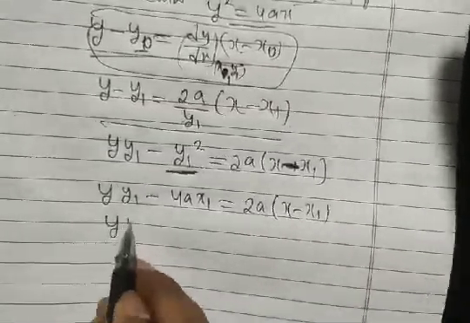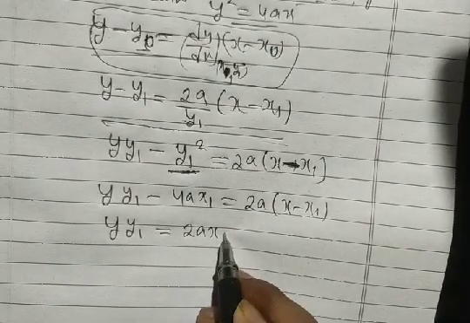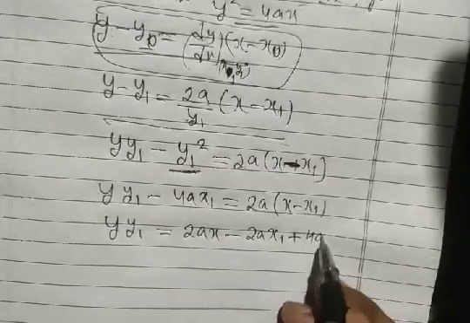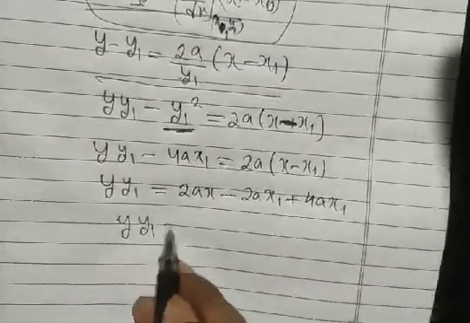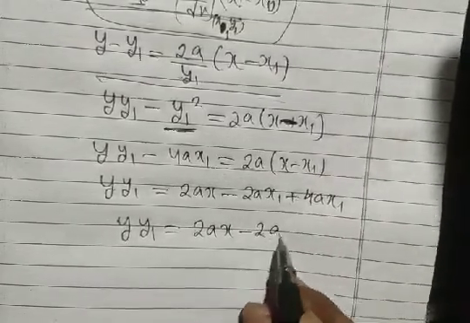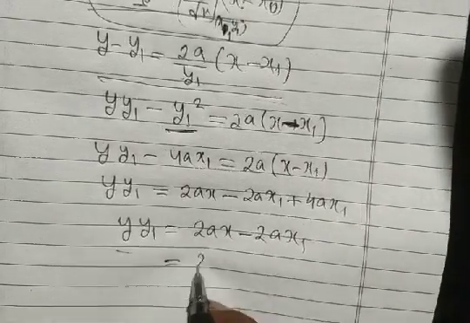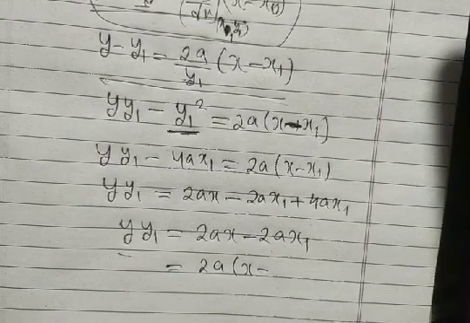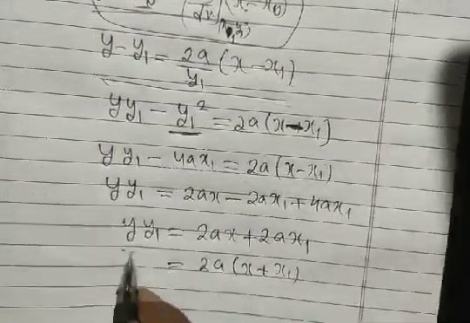So y y1 is 2ax minus 2a x1 plus 4a x1. Taking 2a common, we have 2a times x plus x1.